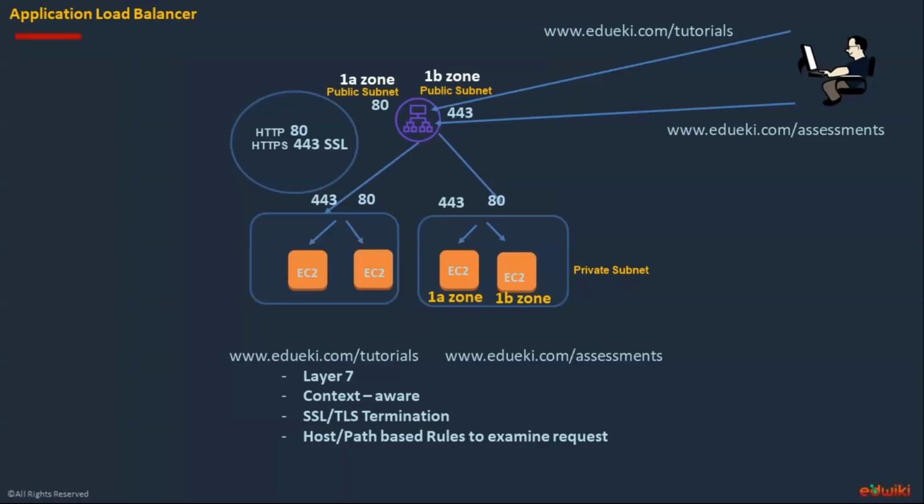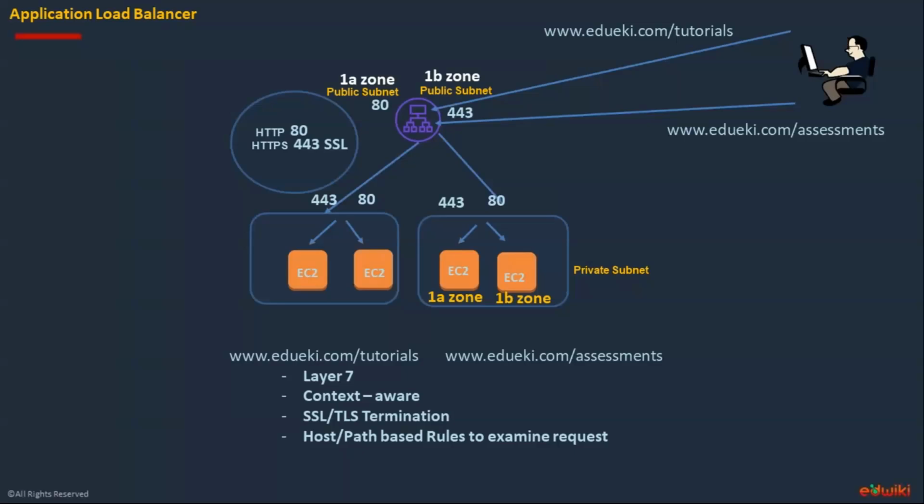Now for you, it is a single load balancer, but in the backend there will be two load balancers. You create one load balancer and do everything. But from the AWS perspective, they will ensure that one load balancer is created in the 1A zone and one in the 1B zone.